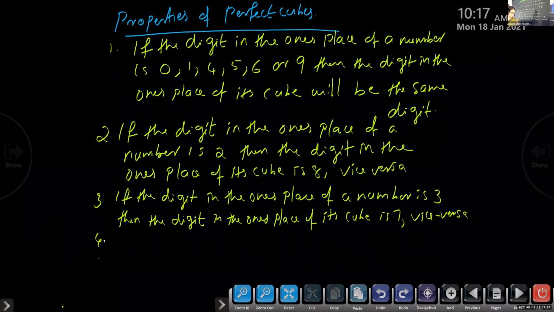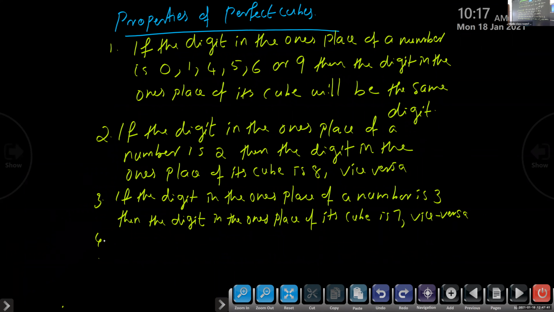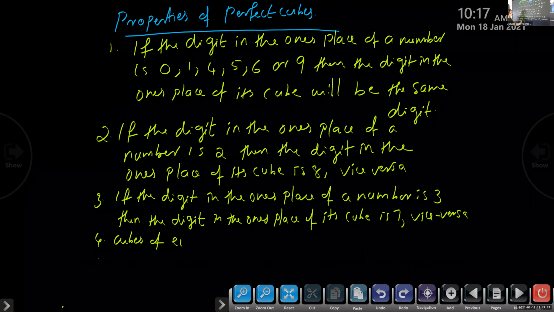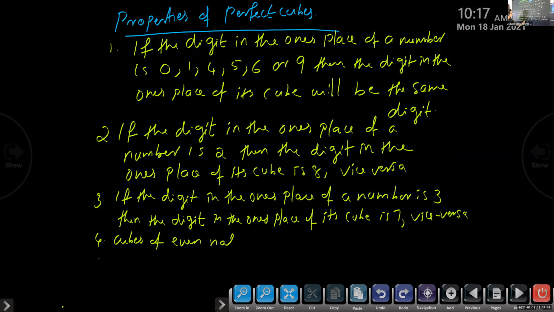Fourth one: cubes of even natural numbers are even. Cubes of odd natural numbers are odd.